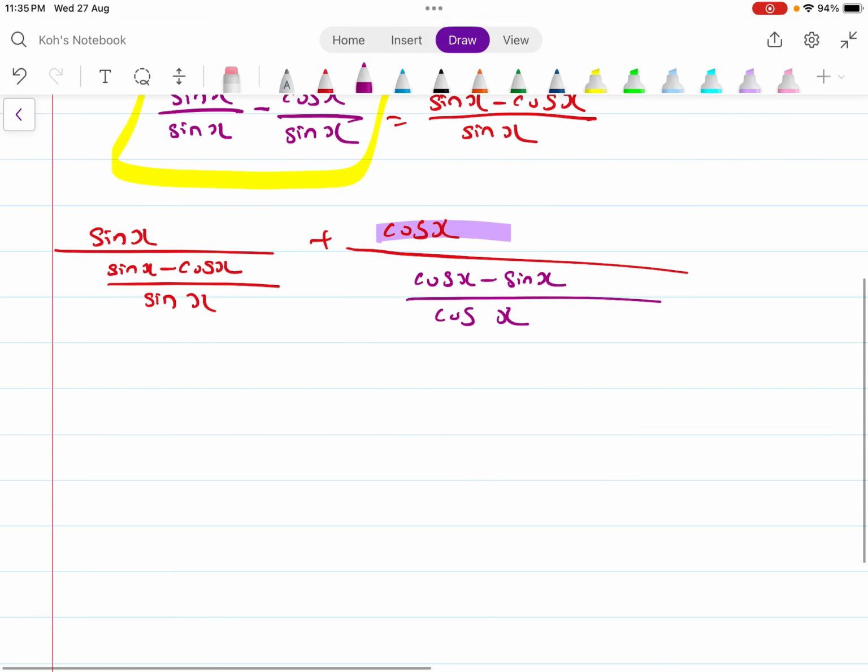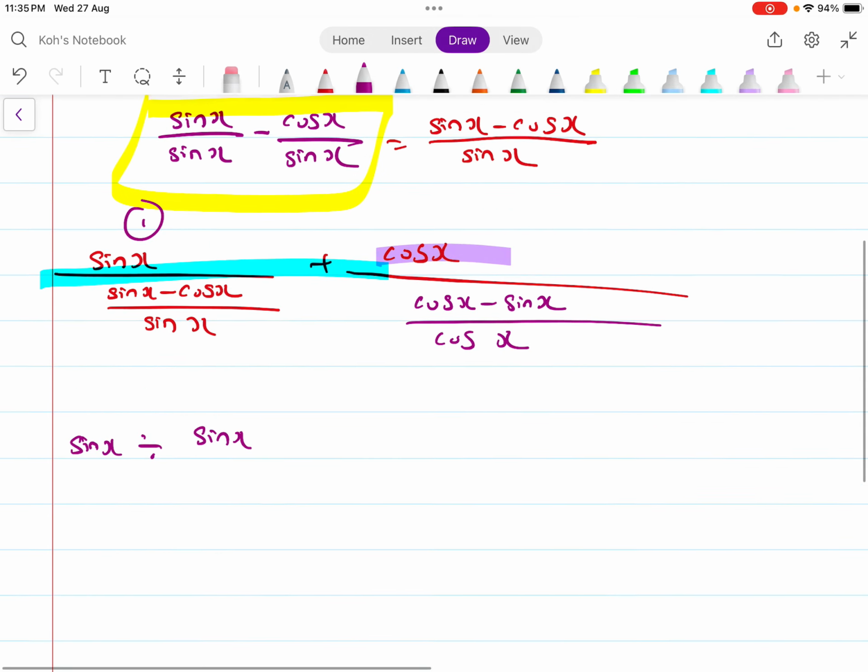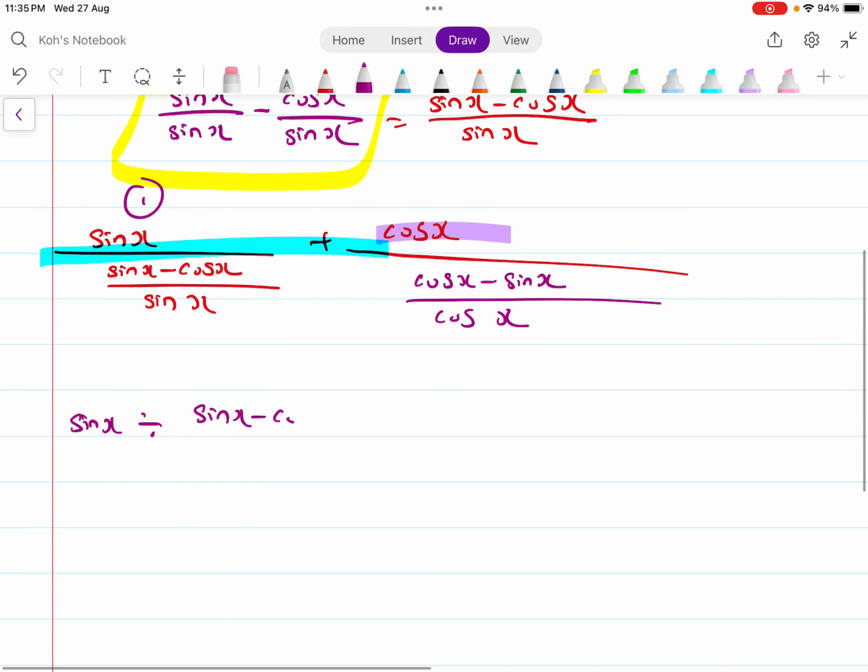Before I continue on, maybe I do a bit of simplification, meaning the KCF. This is sine x divided by the whole of the denominator, so it's sine x divided by, KCF, keep change flip, sine x minus cosine x over sine x.